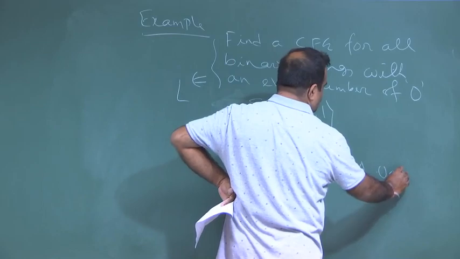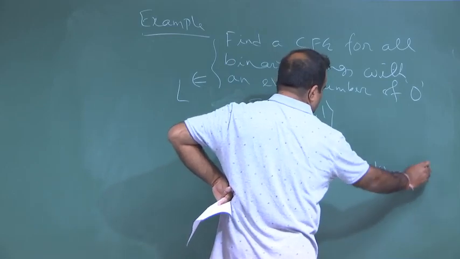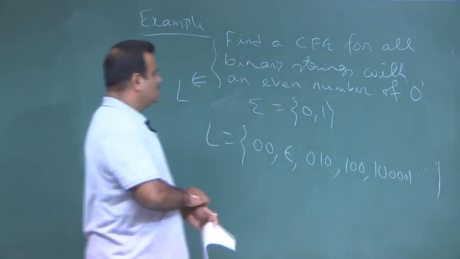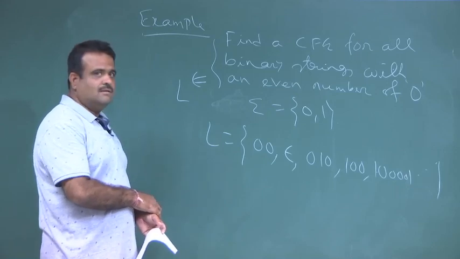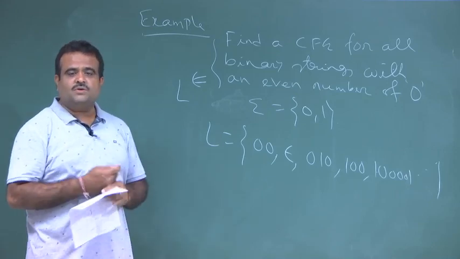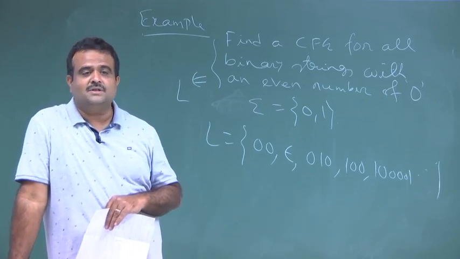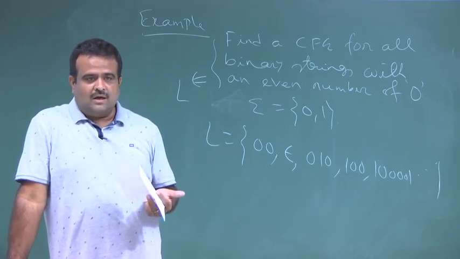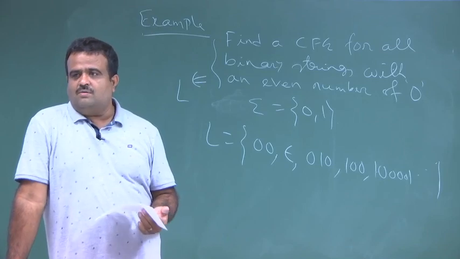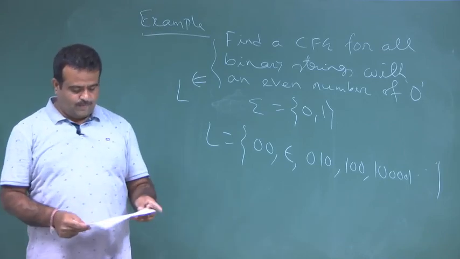So even, say 4 zeros, in any position. That is our L. Now we want to see whether this L is a context-free language or not.